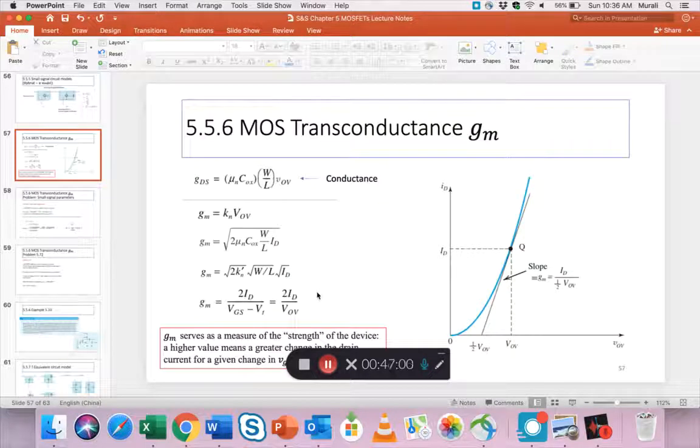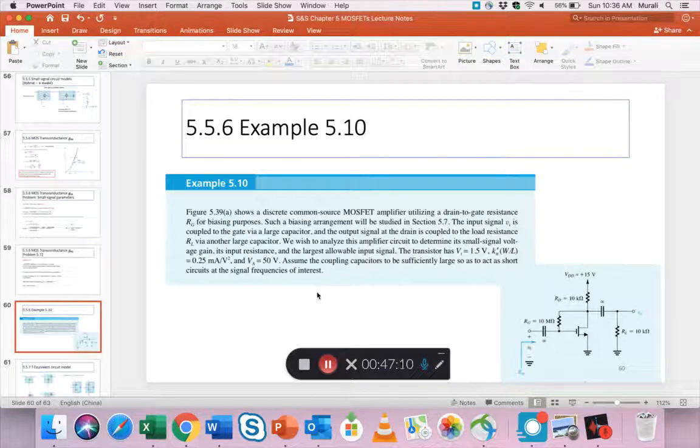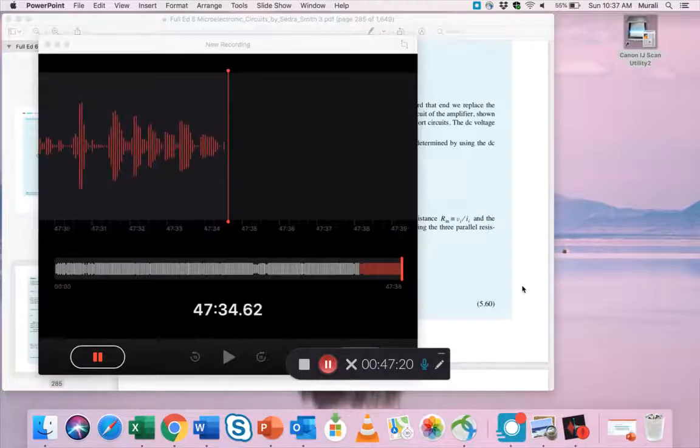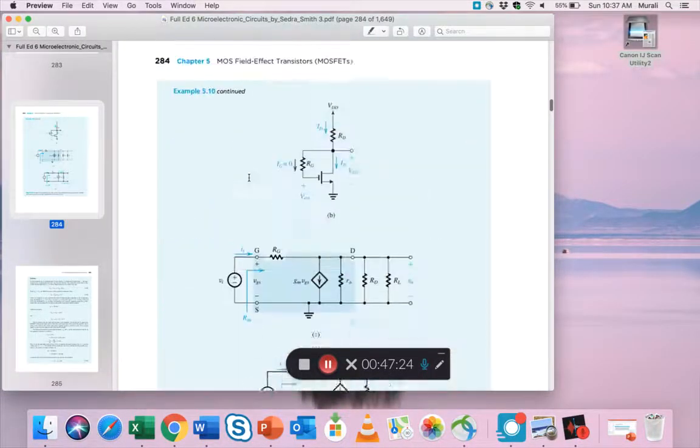And then gm, there's a lot of formulas for how to calculate gm, the transconductance, and of course ro, we did a problem. So bottom line, we have to be able to create some small signal models. Okay, so I'm going to go to the text PDF and we'll see how he solves this problem.